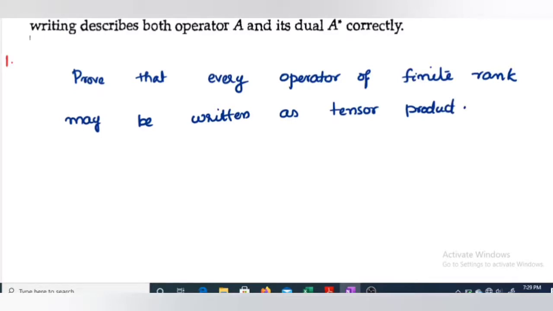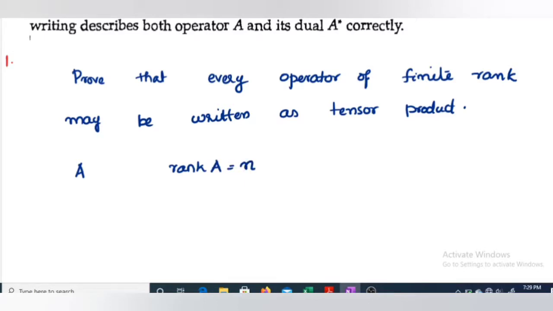So now what is the solution? Suppose A is a finite rank operator, a bounded linear operator of finite rank. Suppose rank of A equal to n.